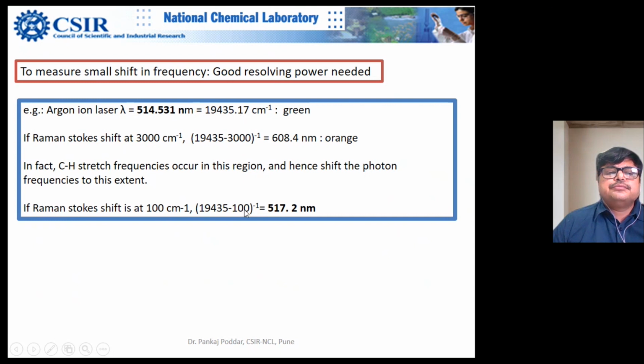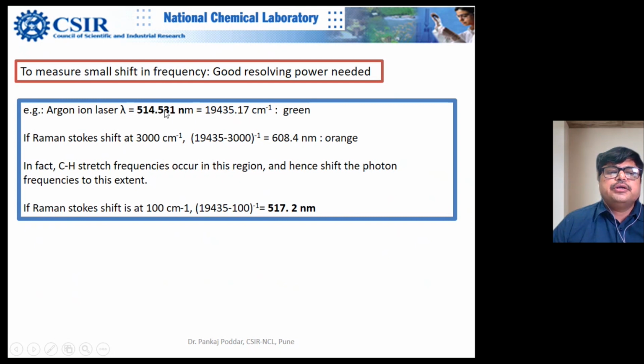If we deduct 100 from this value, the wavelength becomes 517. So this is the wavelength of the incoming laser, and this you want to record. Suppose you put a filter.